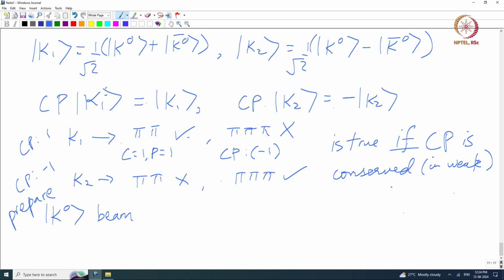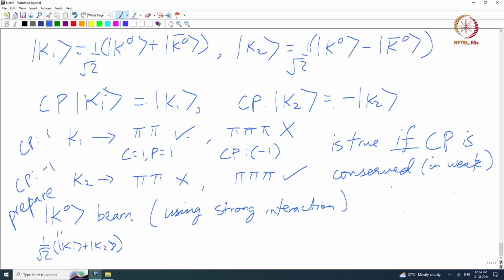You just crash protons and so on. So, using strong interactions you can prepare a beam of K0, which we just saw is a combination of K1 and K2. So, this is the eigenstate that you are preparing.